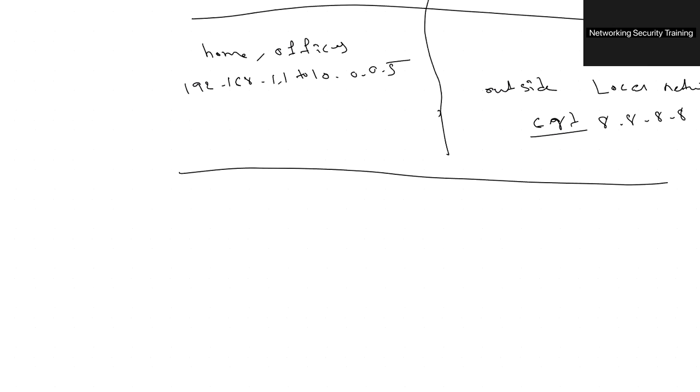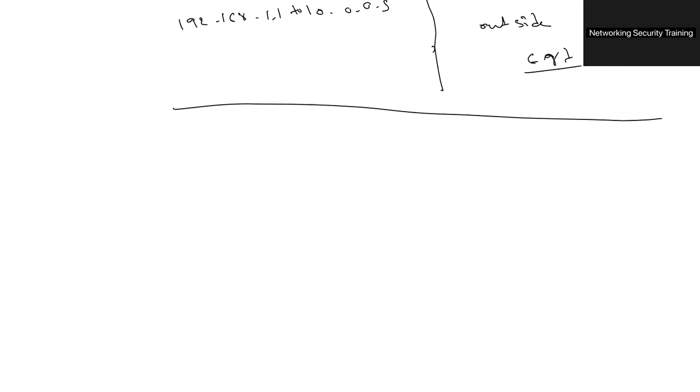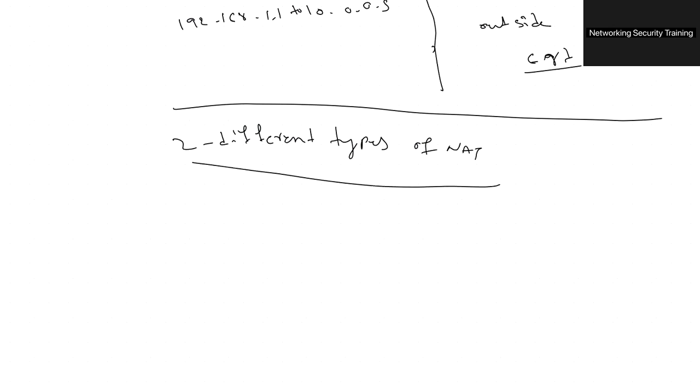The first one is static NAT, and the second one is dynamic NAT. First, coming to static NAT.